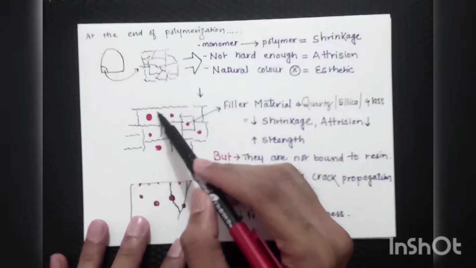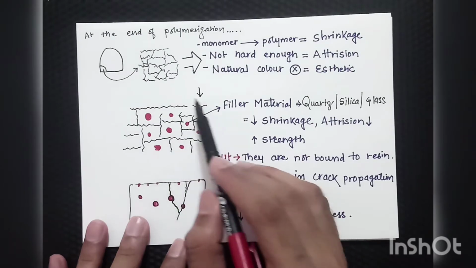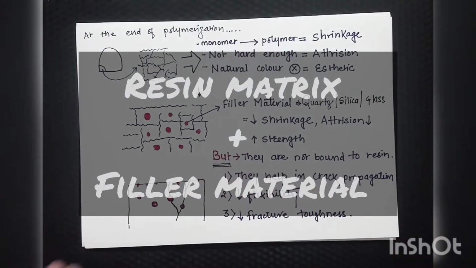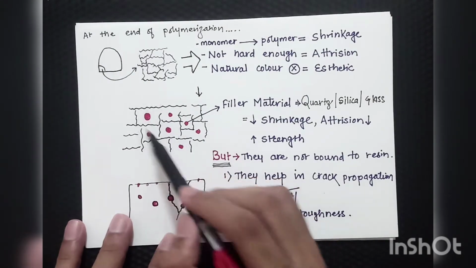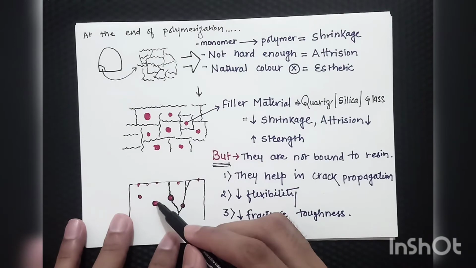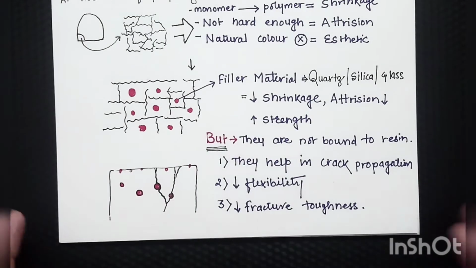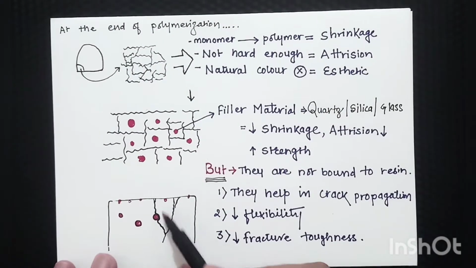As we can see, there are polymers of the resin and filler material, there is a composition, so it is called composite resin. Again, the problem with this filler material placed in the resin is that they are not sticking with the resin.